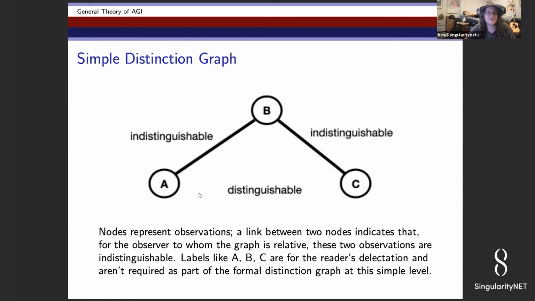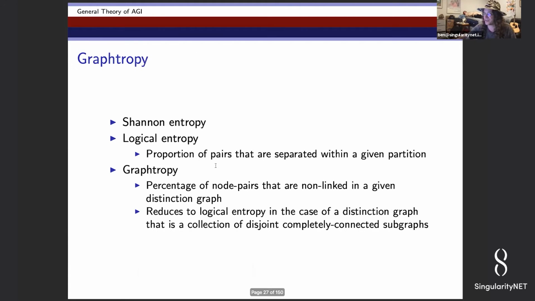And this sort of distinction graph is a more fundamental representation of the relation between observations made by some observer than a partition. And you can look at entropies built on this distinction graph, which I do in a paper called Distinction Graphs that you can find on arXiv.